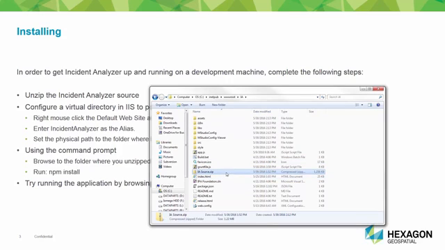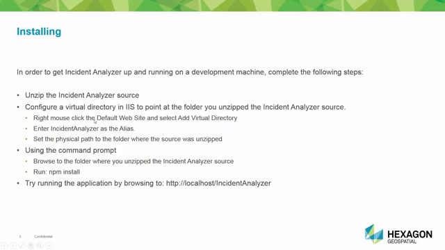The next step is to configure a virtual directory in IIS to point at the folder you unzipped the Incident Analyzer source to. We're just going to copy that path.